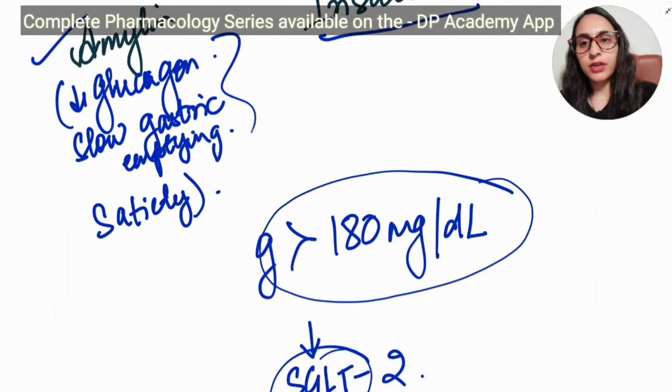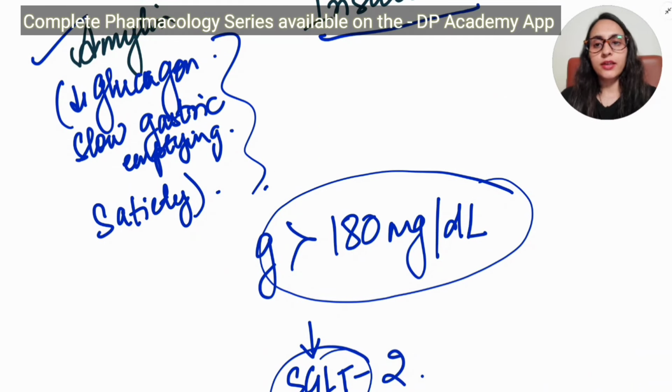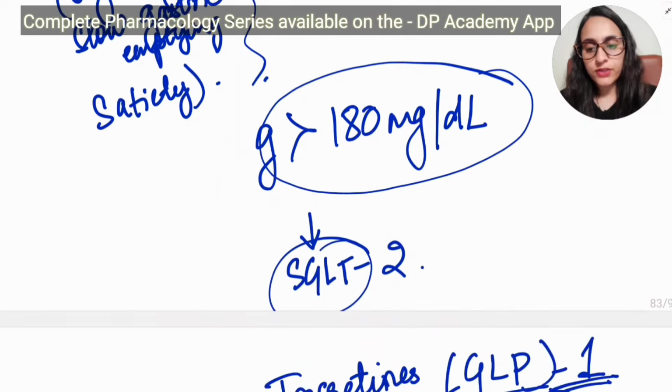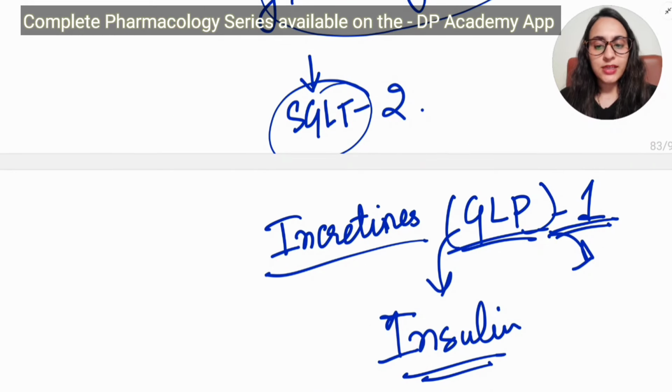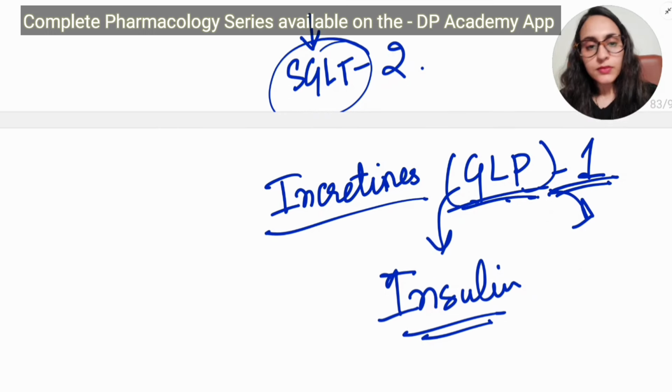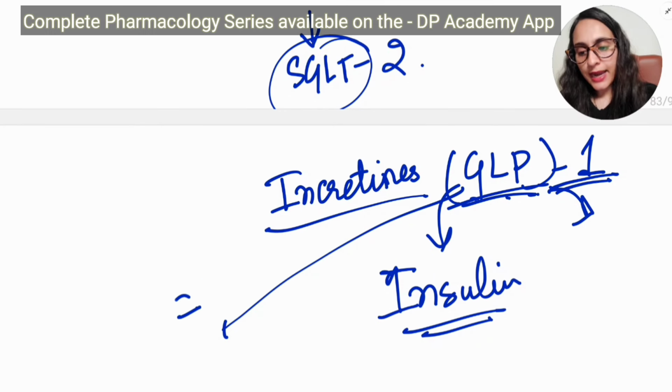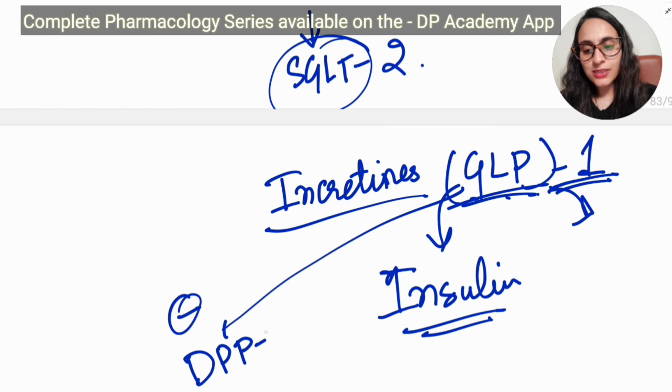These features are similar to those of amylin, which is secreted by the pancreas: decreasing glucagon, slowing gastric emptying and the feeling of satiety. This GLP-1 is inactivated by dipeptidyl peptidase 4, which is DPP4.